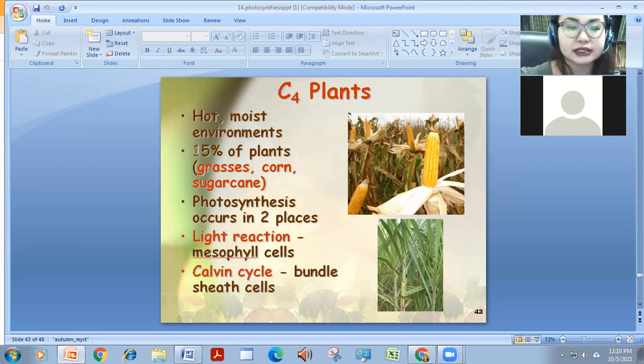Photosynthesis may occur in 2 places in this type of plants: the light reaction in the mesophyll cells and the Calvin cycle in the bundle sheath cells. So these are the two specific characteristics of the C4 plants, which I've already discussed in the previous video presentation.